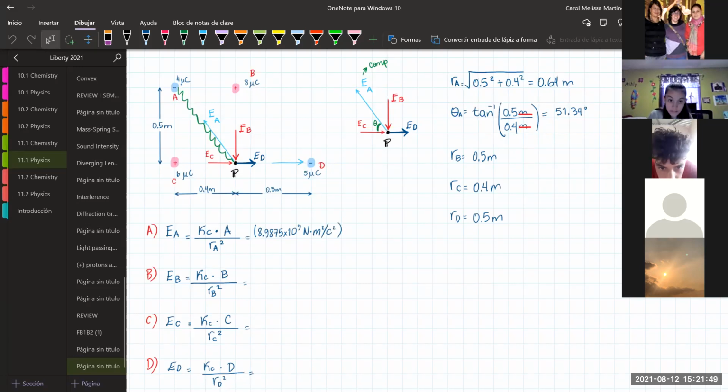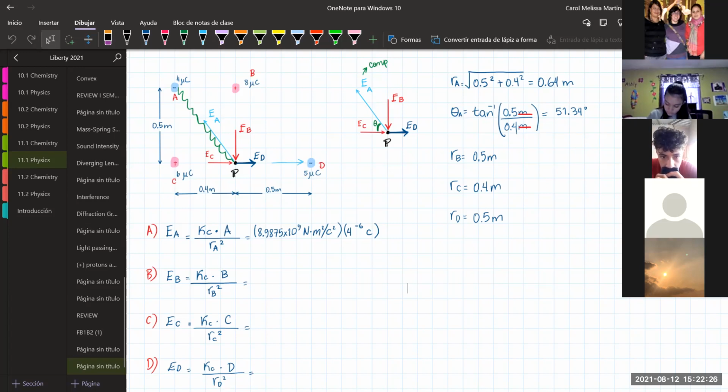The way I write the charges, for example, the charge A, as you can see, is 4 microcoulombs. To do it faster, I don't do this, okay? In my procedure, to work faster, I just write the 4 and the exponential here. That helps me to work faster, but it is incorrect because they are different things.